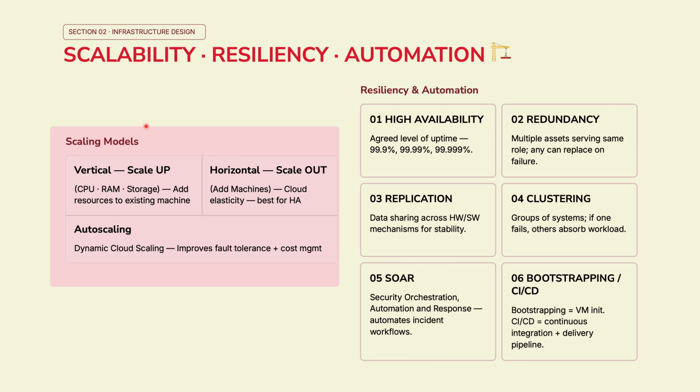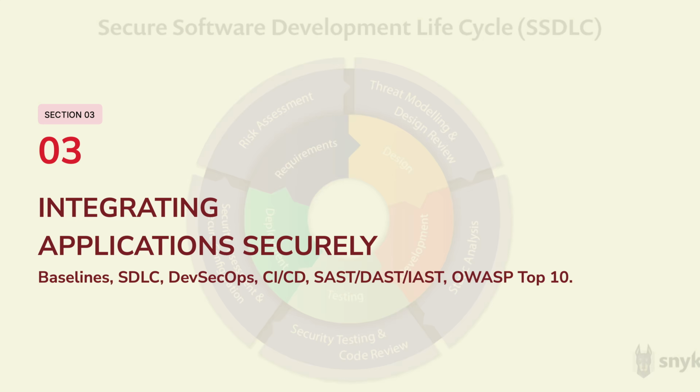Now, with the infrastructure design covered, let's move on to section 3, how to integrate applications securely using SDLC, DevSecOps, and application security testing. Now, let's take a look at section 3.